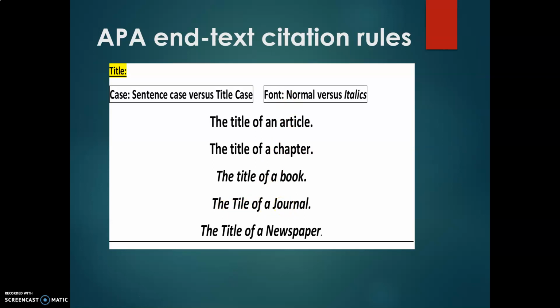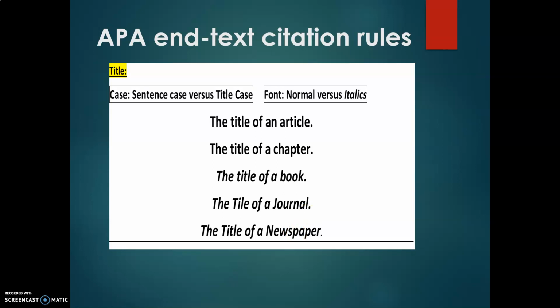If you categorize the sources in two ways, imagine there are smaller works and bigger works. Smaller works, I can call an article a small work, a chapter a smaller work, and a book, a journal, a newspaper are bigger works.